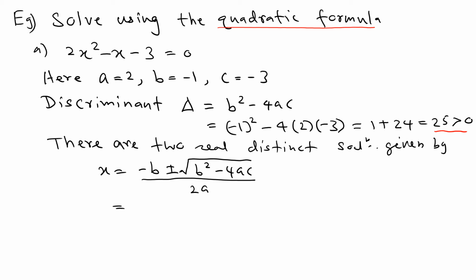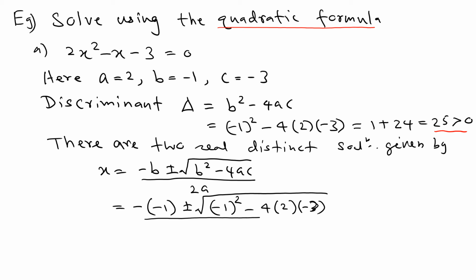We plug in: negative b equals 1, plus or minus the square root of b squared minus 4ac. We already simplified that, but I'm going to plug in the values again because that's how we normally do a problem, with a equals 2 and c equals -3, over 2 times a, which is 2.